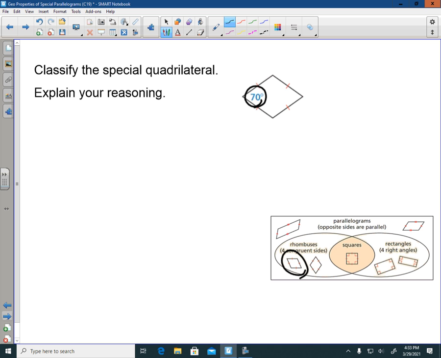It's not a rectangle, because all 4 sides are congruent to one another, and so this one must just be a rhombus. Okay, you see how that works? So just looking through and finding what's true and pulling out the classification of that quadrilateral.